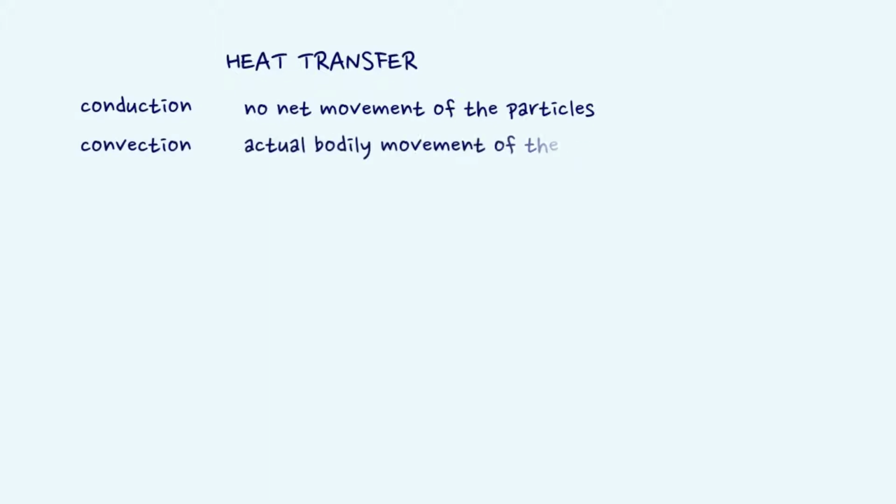In conduction, heat flows from one hot end to the cold end of the same solid object without there being any net movement of the particles of the object. In convection, heat is transmitted through a substance from one point to another due to the actual bodily movement of the heated particles of the substance.